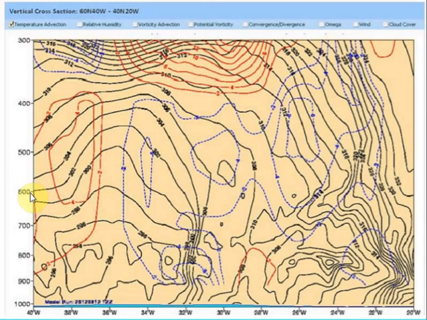Since this feature was at the end of the cross section, what you actually have here are the potential temperature lines dropping, going downwards, and quite strong cold advection all along behind the frontal zone. So actually you have a typical cold front feature here.